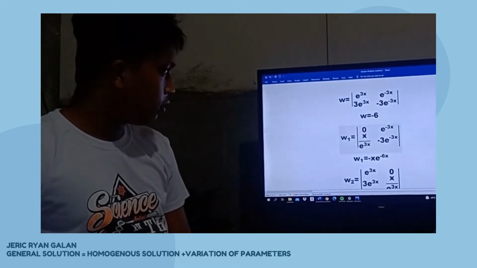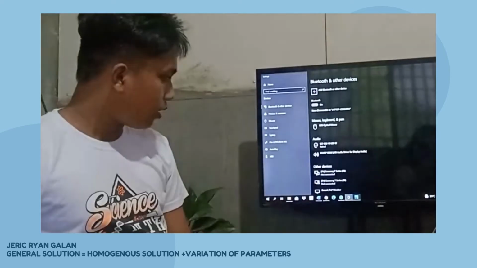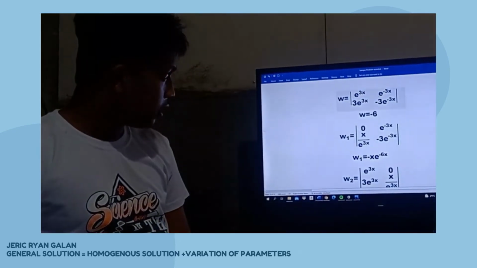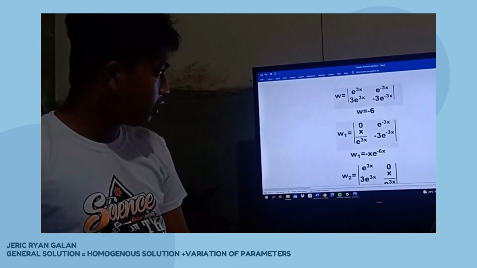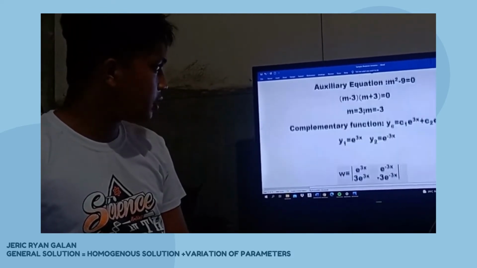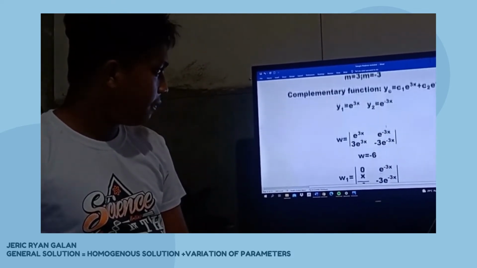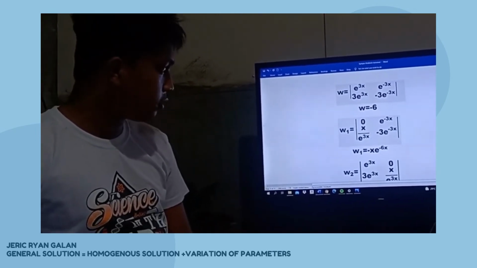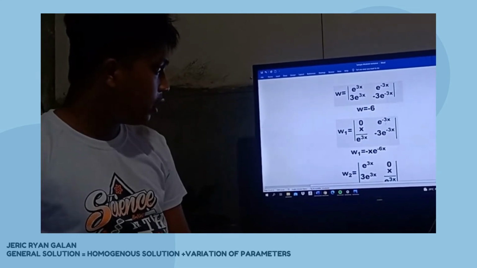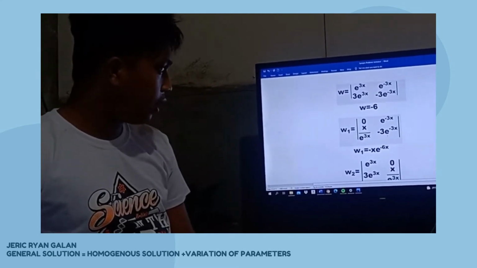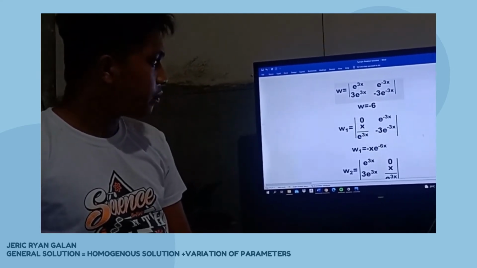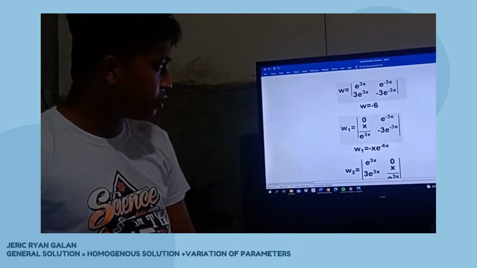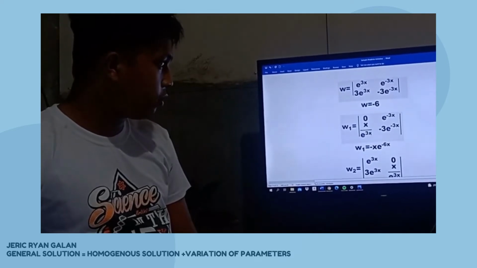So ang y sub 2 nimo is e raised to negative 3x, tapos ang imuang f of x na x over e raised to 3x, tapos ang derivative sa y sub 2 nimo na negative 3 e raised to negative 3x. So, just multiply lang. So, 0 times negative 3 e raised to negative 3x. So, 0 naman yun na.